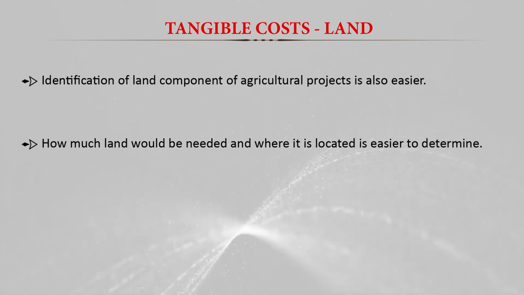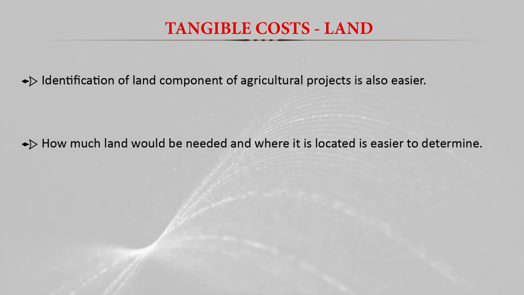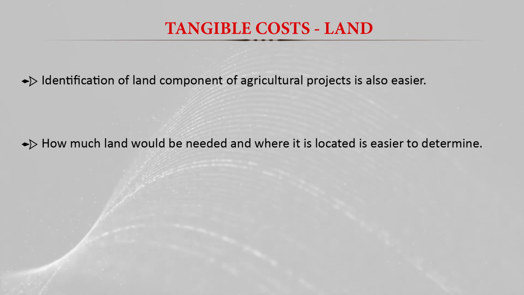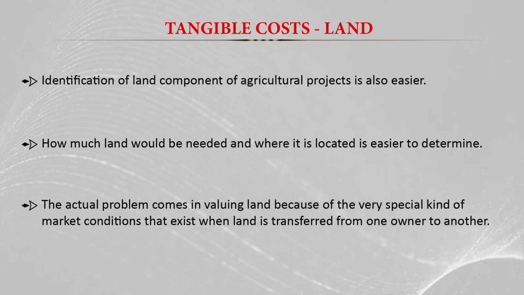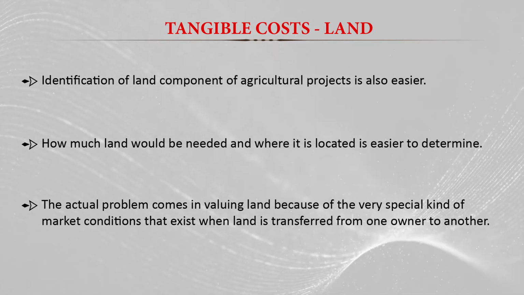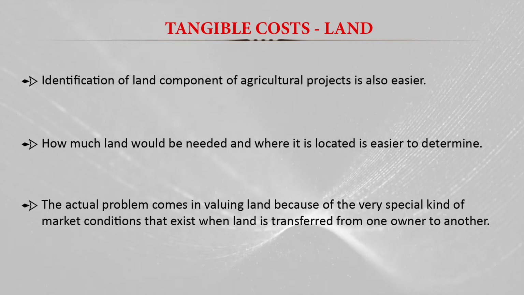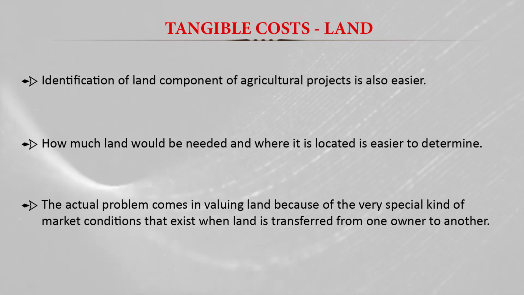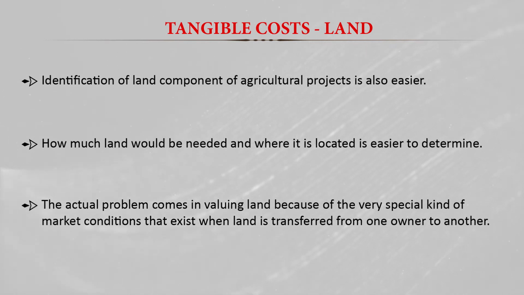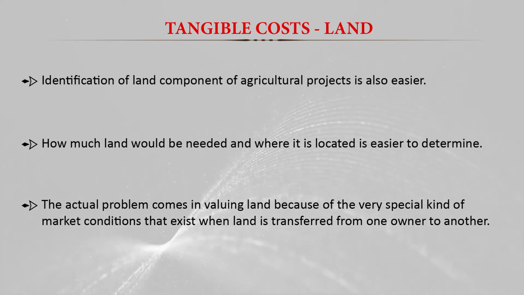But actual problems come in valuing land because of the special kind of market conditions that exist when land is transferred from one owner to another. Suppose there is a land acquisition for the development of an irrigation project. What type of payment should be made, and how much should be paid to the farmers of that locality?